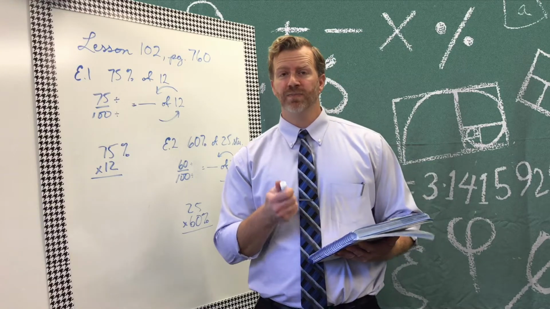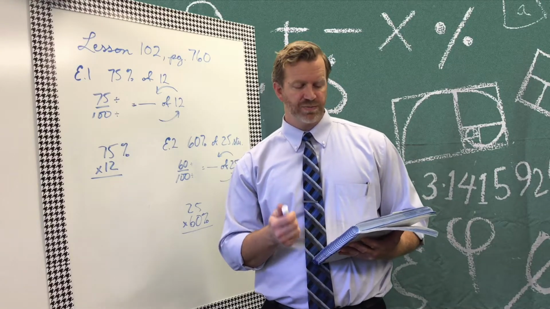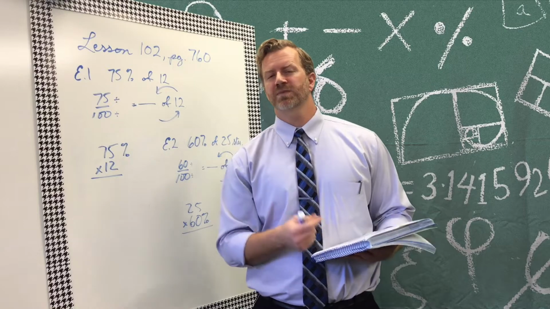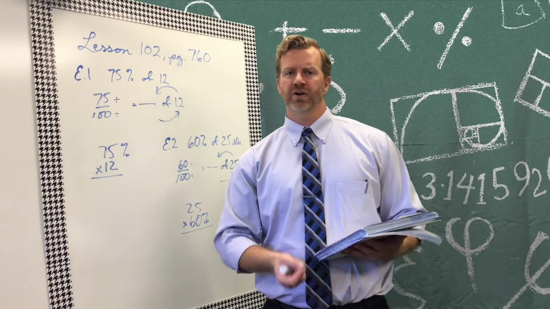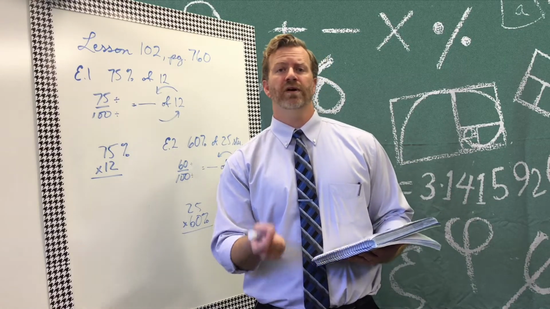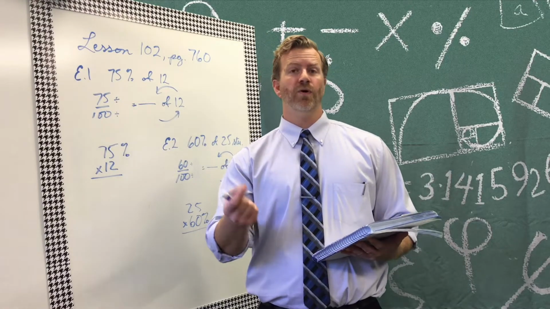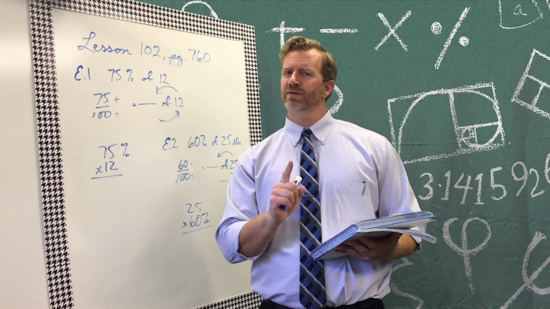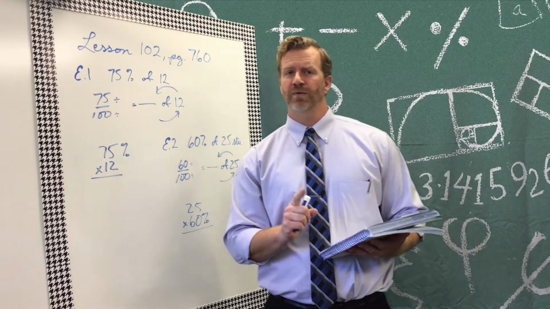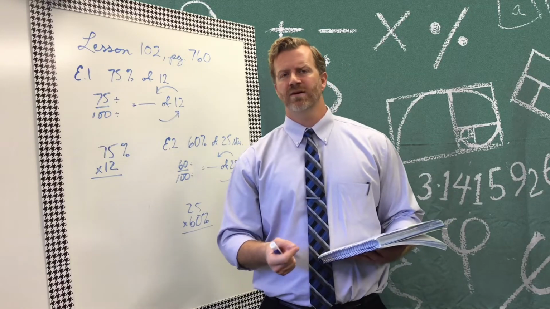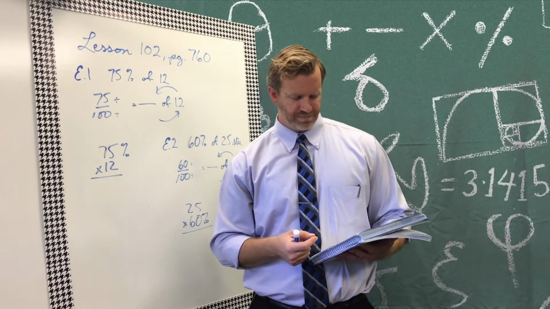Now, one way to find a percent of a number is to change the percent to a fraction. So 50% we know means 50 over 100, and then we could reduce that down to 1/2. Now, 4% means 4 over 100, which I can reduce. I could still divide both those by 4, right? So I could reduce that down to 1/25.